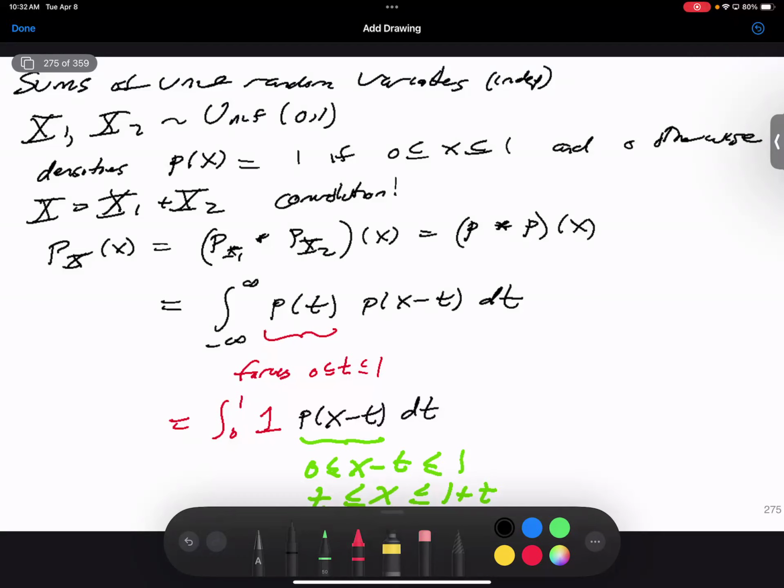And this is where things can start to be unpleasant. If x is large, let's say x is 1.5. What's the smallest t could be if x is 1.5?